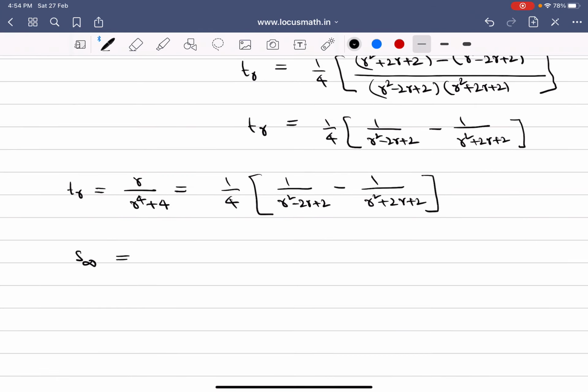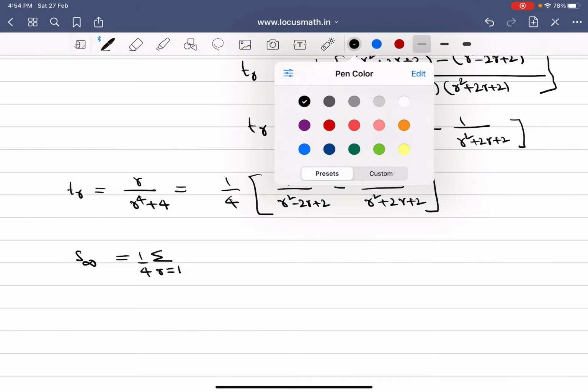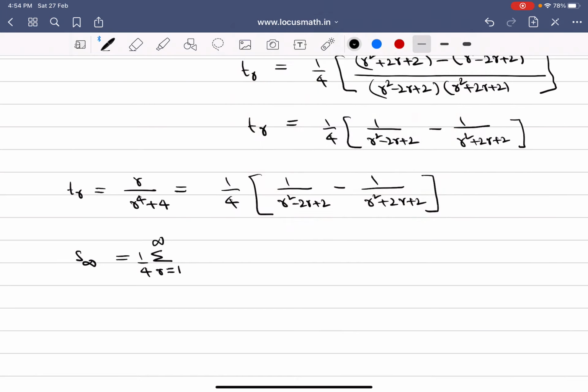So the sum is sigma 1 by 4 times sigma, r varying from 1 to infinity, of 1 over (r square minus 2r plus 2) minus 1 over (r square plus 2r plus 2).